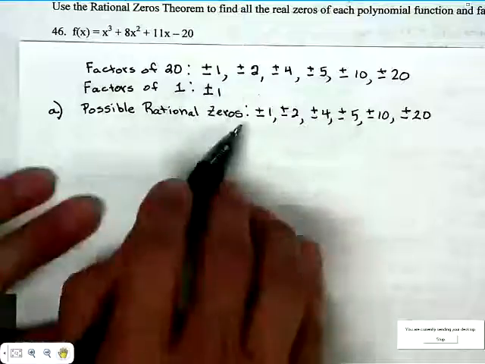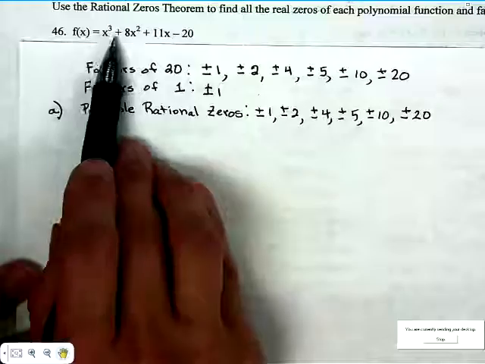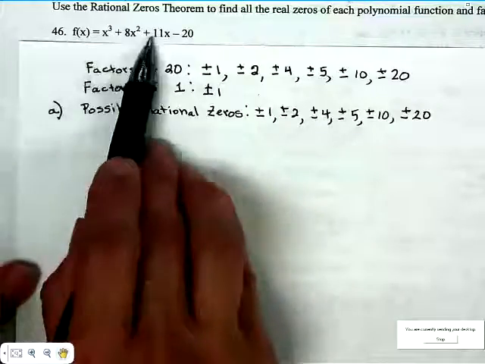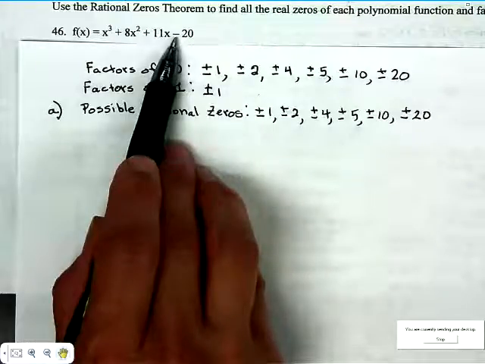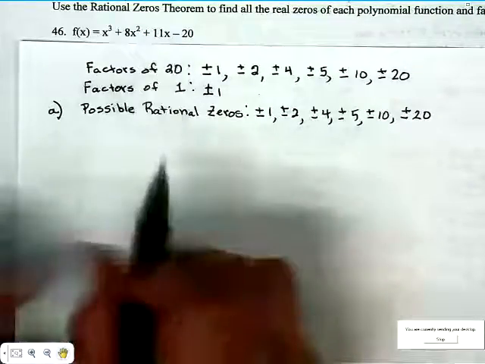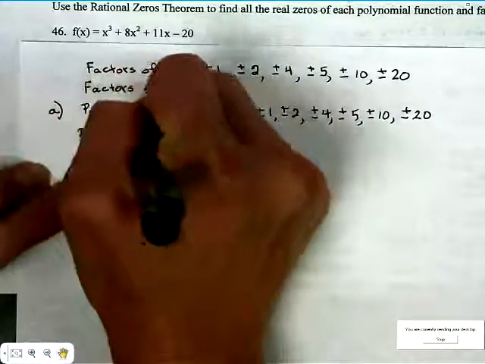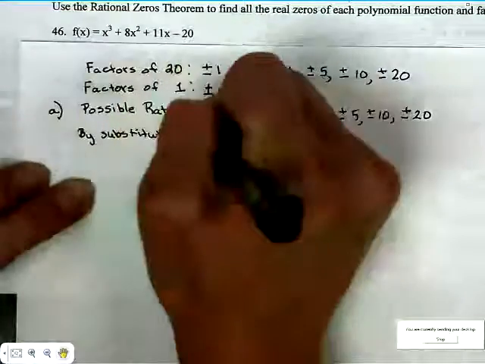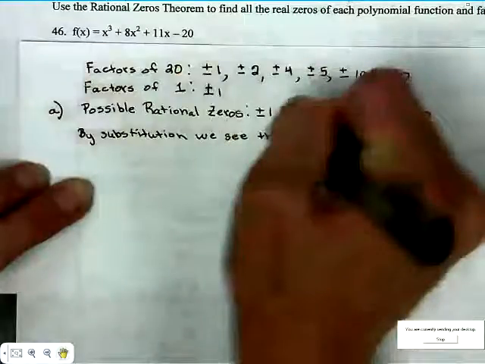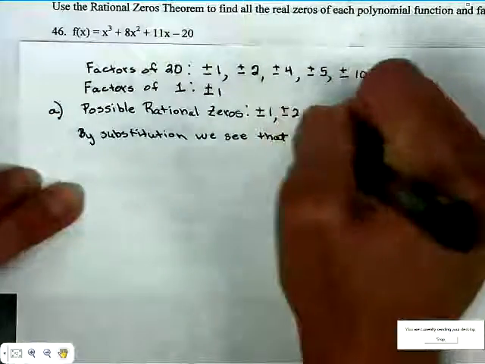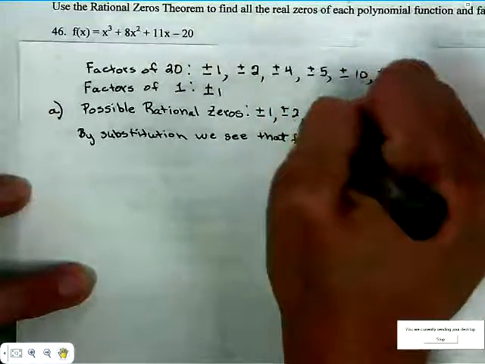Let's find f of 1. If I plugged 1 into that function, I would have 1 plus 8 is 9. 9 plus 11 is 20. 20 minus 20. Wow, first thing we tried worked. I'm going to just say by substitution, we see that f of 1 equals 0.